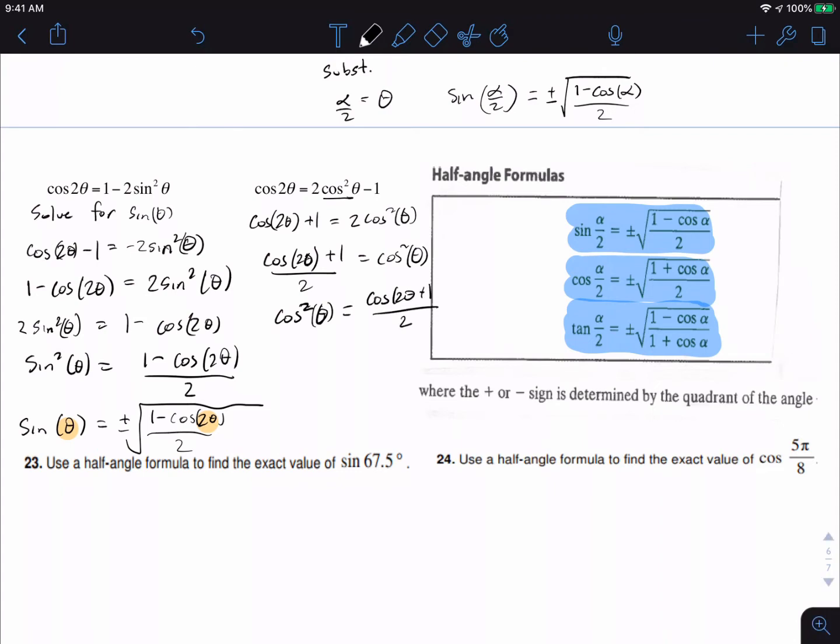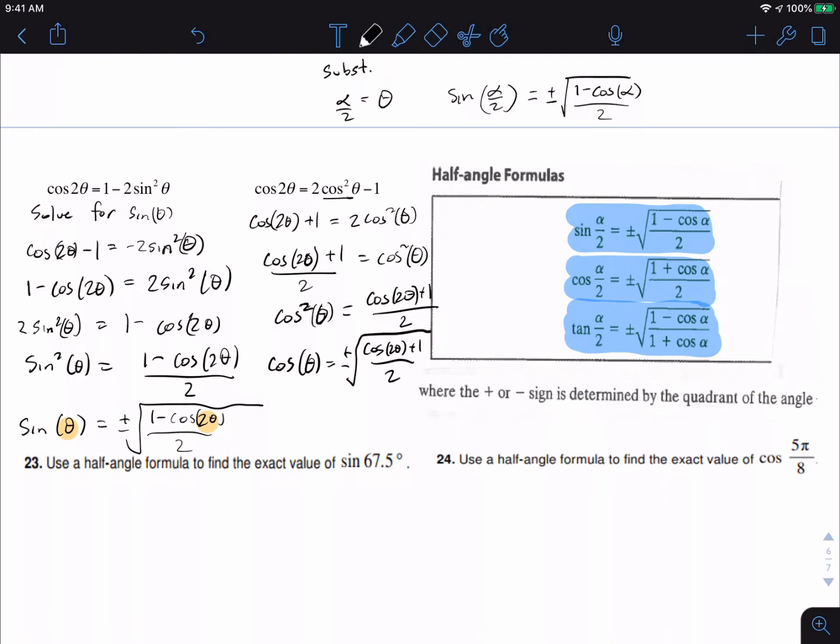All over 2, and then cosine of theta is equal to plus or minus the square root of cosine of 2 theta plus 1 all over 2. But again, let me write that a little bit nicer. It's kind of crammed. Cosine theta will be equal to plus or minus the square root of cosine of 2 theta plus 1 over 2.